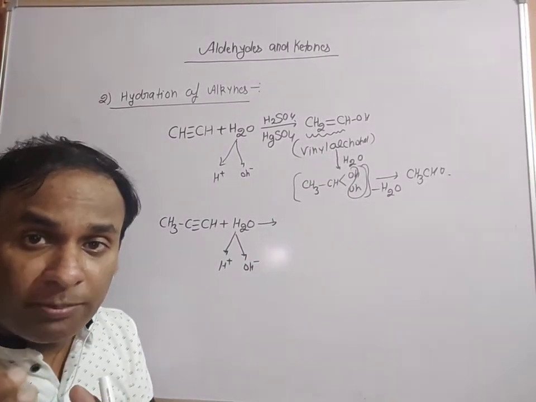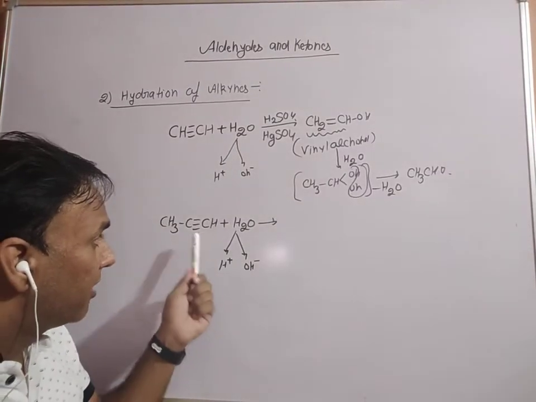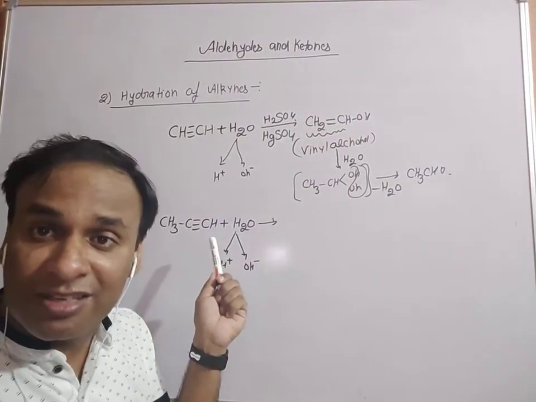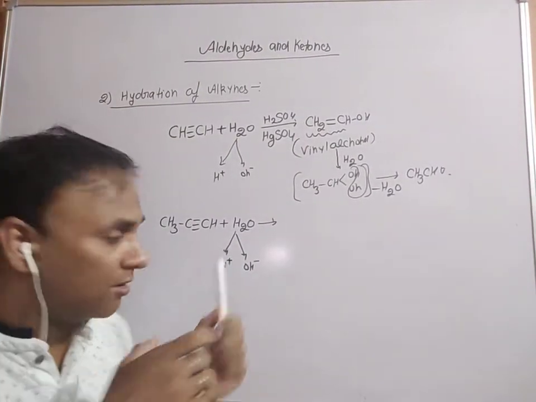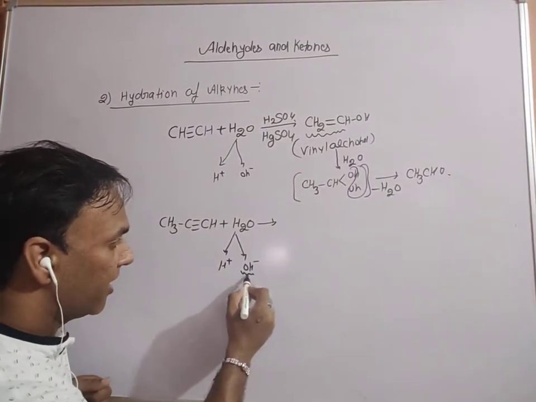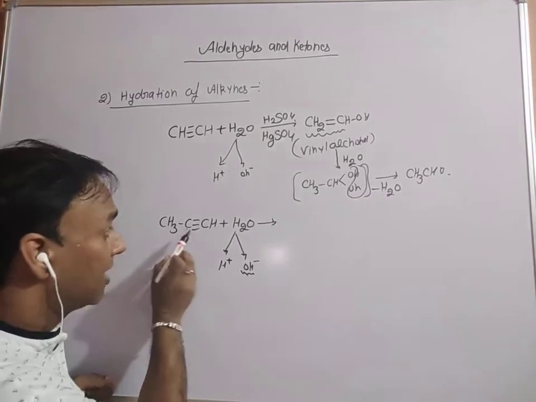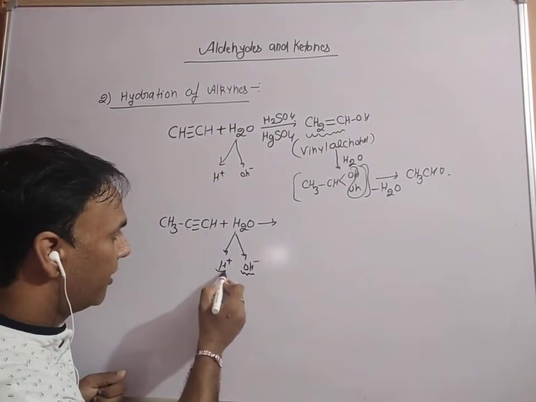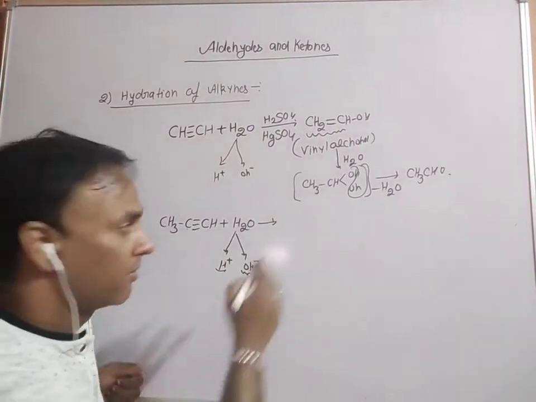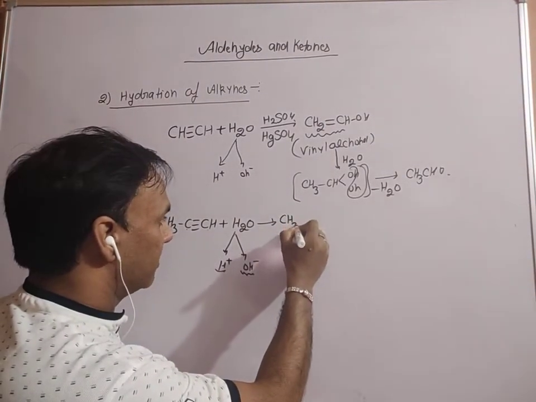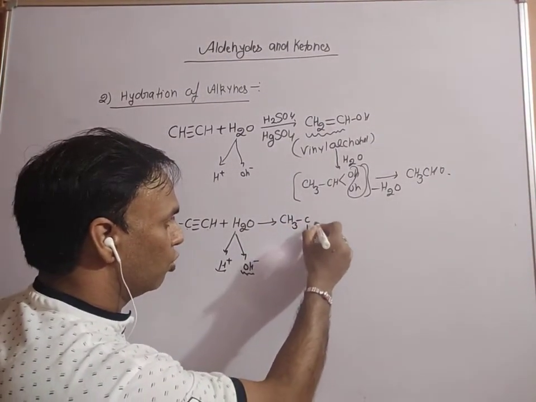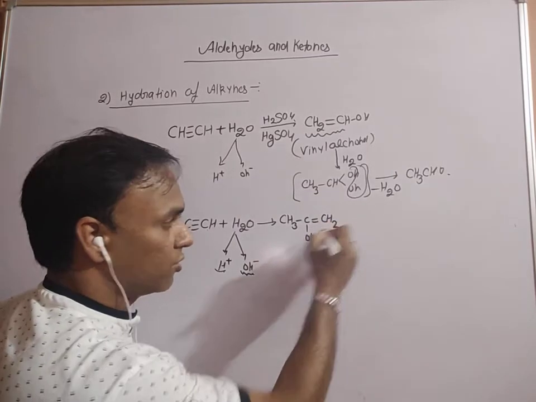Clear? According to Markovnikov's rule, the negative part is attached to the carbon atom which has fewer hydrogen atoms, so OH minus is attached to this carbon atom, and hydrogen is attached to this carbon atom. So it forms CH3 C(OH) double bond CH2.